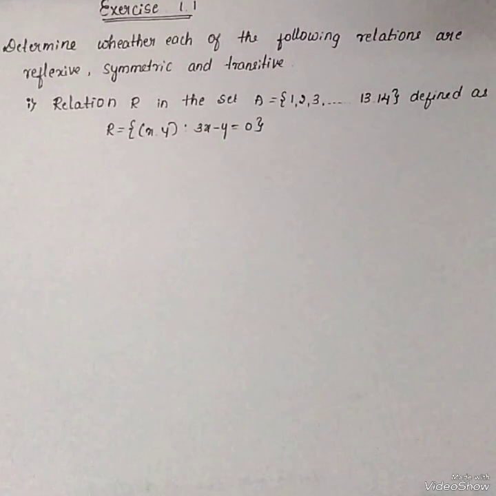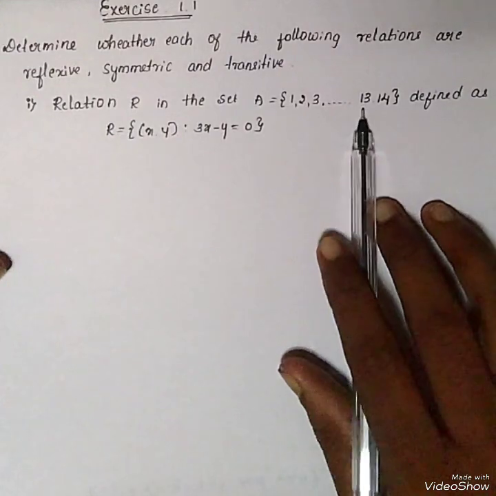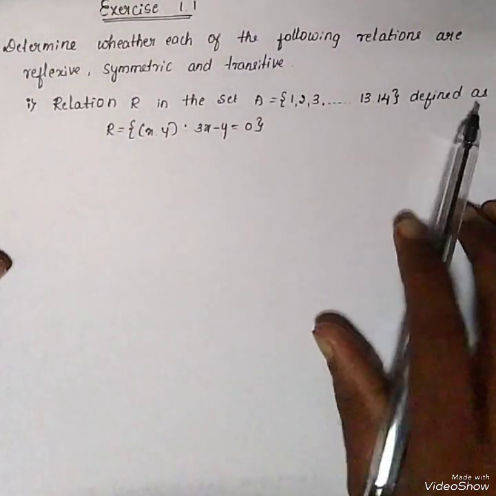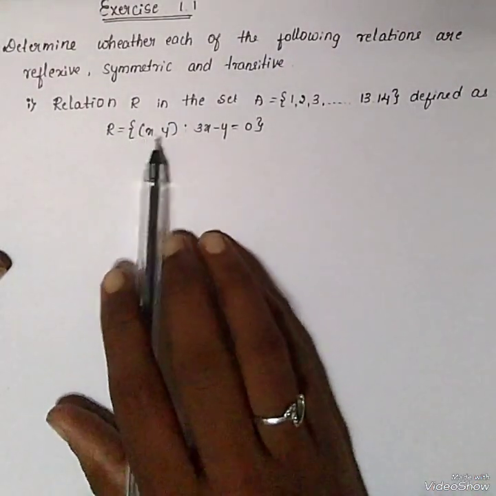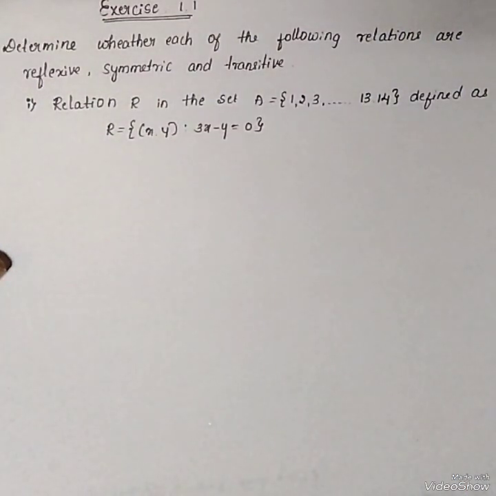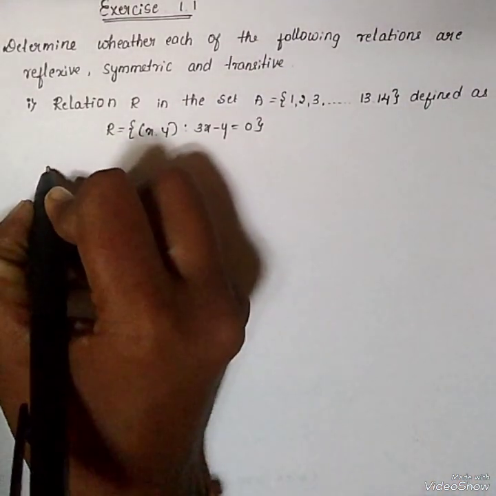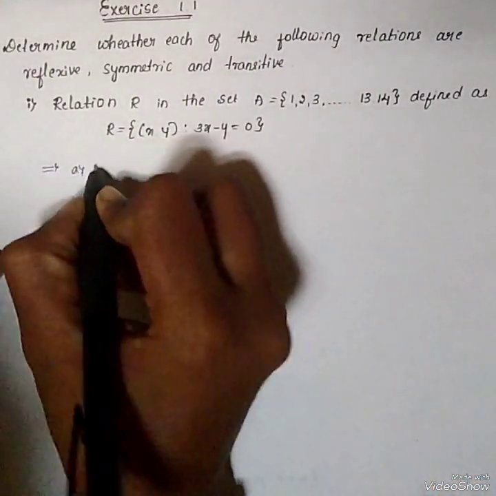Now, check the reflexive, symmetric and transitive conditions for the first problem. Relation R in the set A equals {1, 2, 3, and so on up to 13, 14} is defined as R equals {(x, y) such that 3x minus y equals 0}. Both x and y belong to set A. Now, check the first condition, reflexive.